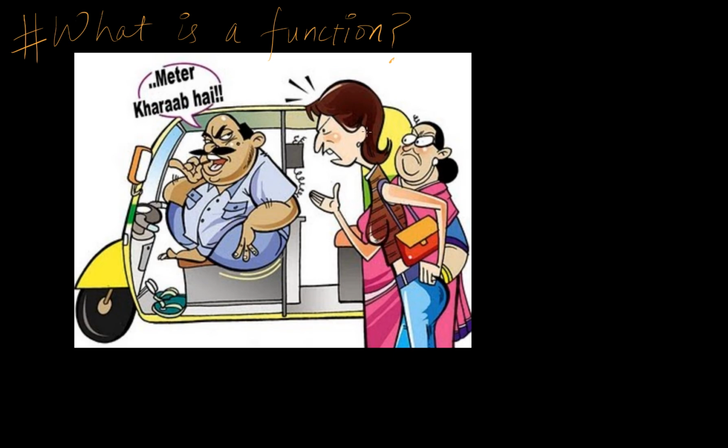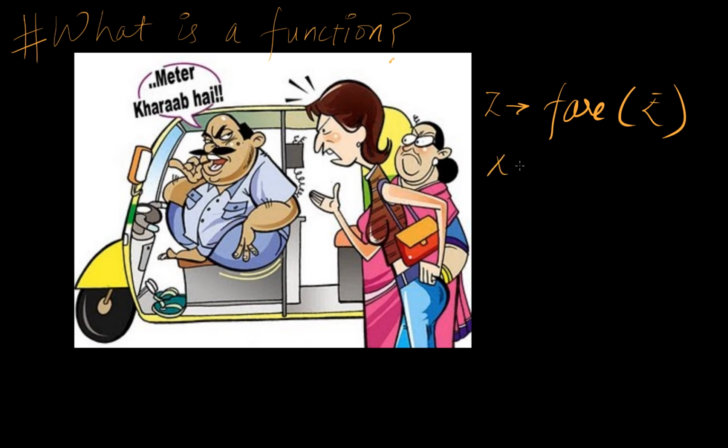So this lady is a little sharp and she tries to quickly find out the relationship between the two variables. She figures out that there is a variable, let's say Z, which reflects the amount, the fare. So let's call this fare in some currency, let's say rupees. And then this fare depends upon the number of kilometers.